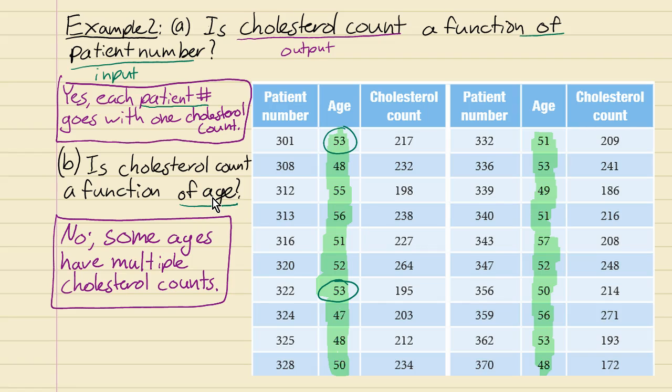In English, it just kind of means age affects the cholesterol count, which is probably true, but there's other things that affect it as well, like your diet, like your genetics, like whether you exercise or not. All of those things are also factors. But in math, you can't say that cholesterol count is a function of age, because some ages have multiple cholesterol counts.